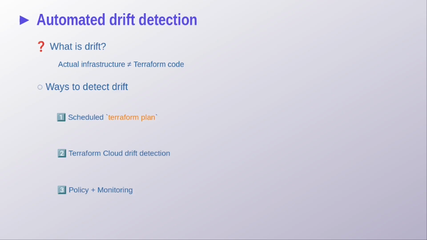The ways to detect drift: first, scheduled Terraform plan. Run it daily or weekly. If changes are detected, alert the team. Next, Terraform Cloud drift detection, built in. Next, policy monitoring and CloudTrail alerts. Remember, drift is normal, but unnoticed drift is dangerous.